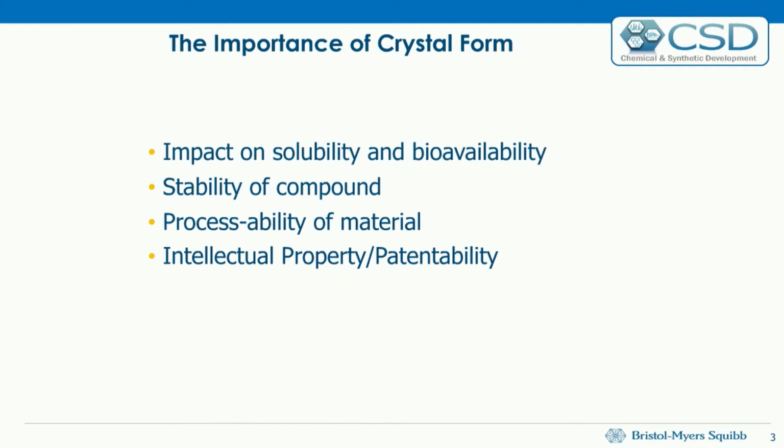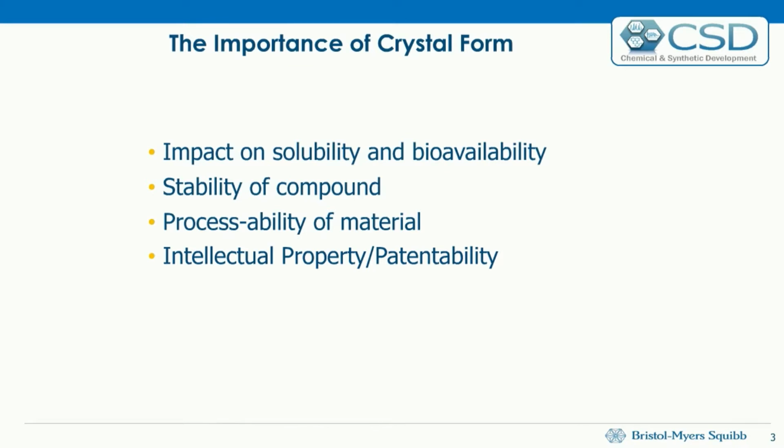So stability is important. So you want a crystal form that's very stable. You want processability. And what I mean by that is, let's say you have good, for example, flow properties. So if you're going to put it in a roller compactor, it can flow into the system and through the gates and into the compacting area. So you want good flow properties. You don't want sticky crystals or odd sizes.